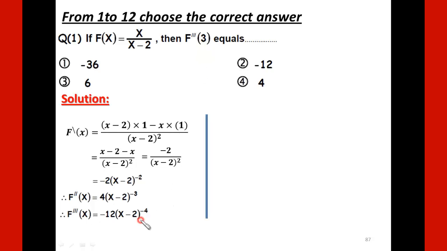We substitute x equals 3. So f triple dash of 3 equals negative 12 multiply 3 minus 2 all power negative 4. We calculate it to be negative 12. And the answer will be number 2.